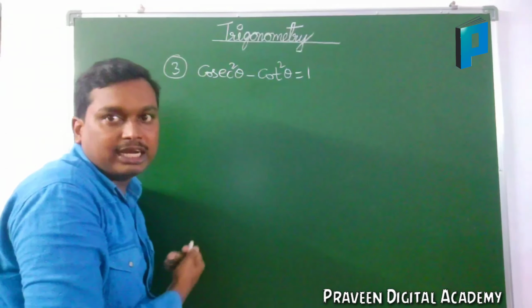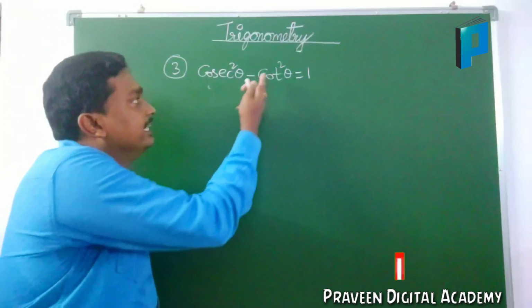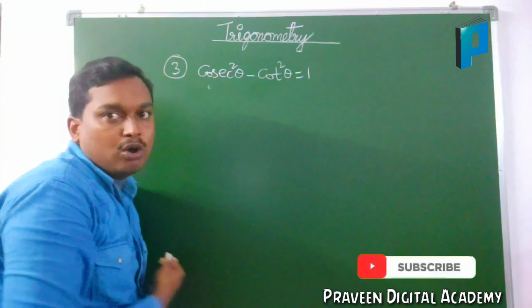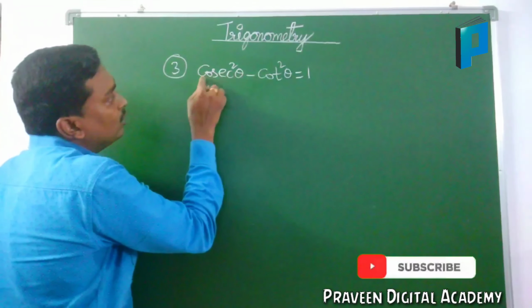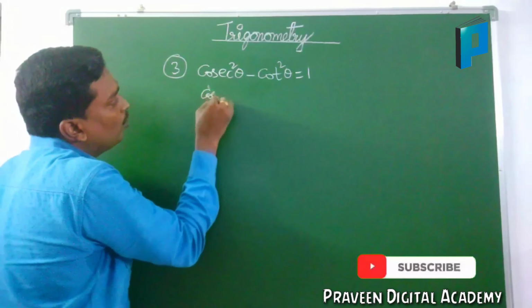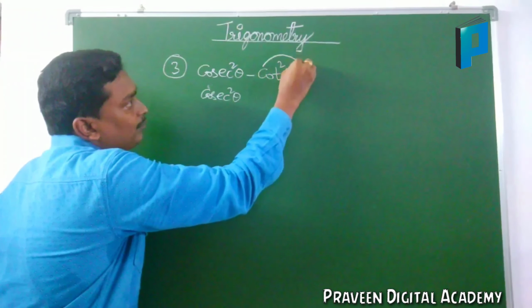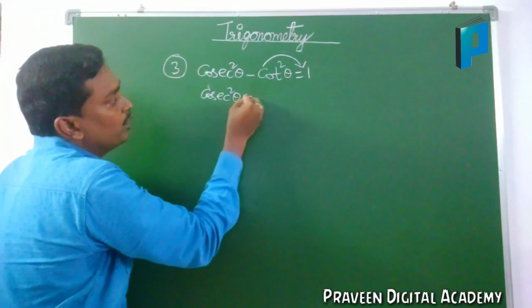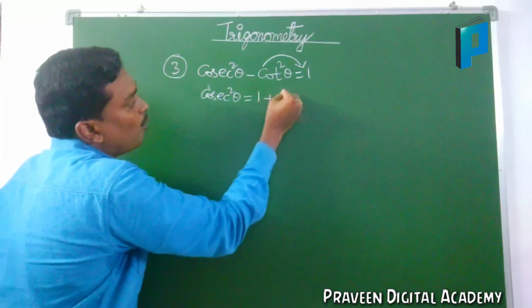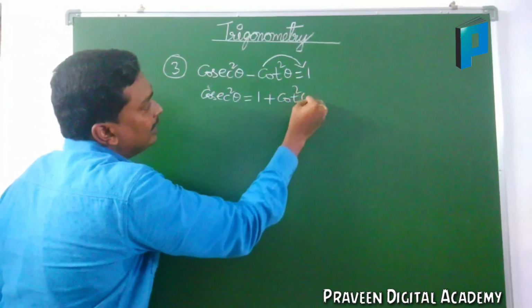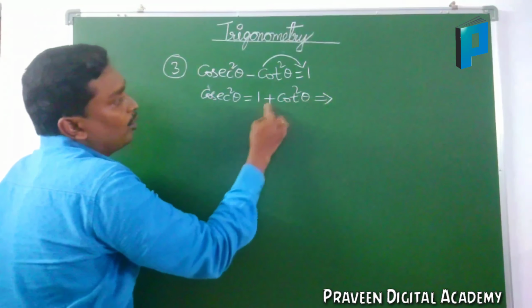But in the place of secant, we will have cosecant, and in the place of tan, we will have cot. To find out the cosec square theta, we will send this minus cot square theta to here. What we will get? 1 plus cot square theta we got here.